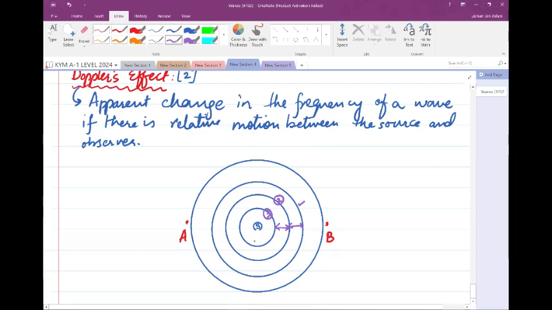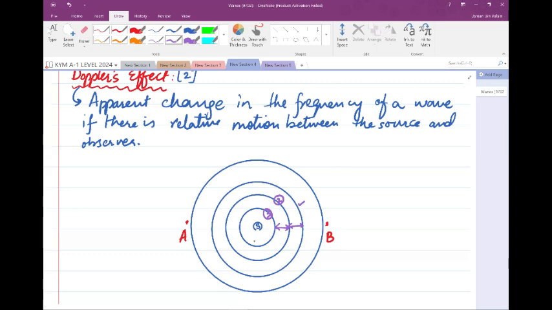So the first vibration is going to create the outermost wave. It's like a wave is produced and that wave slowly starts to spread out in all directions. So the circle starts to get bigger and bigger, moving away from the center. During that time, when the source vibrates once more, it creates the second wavefront.